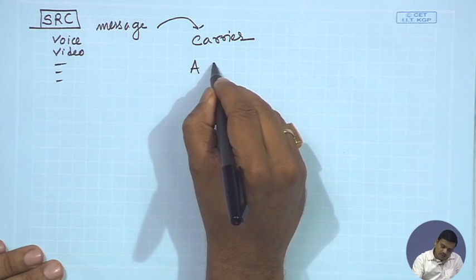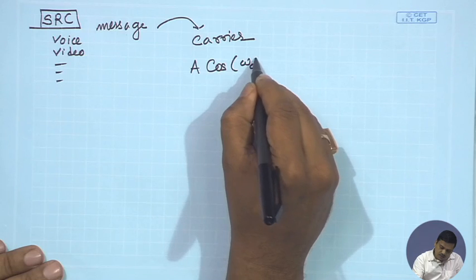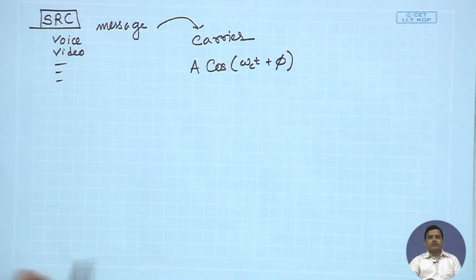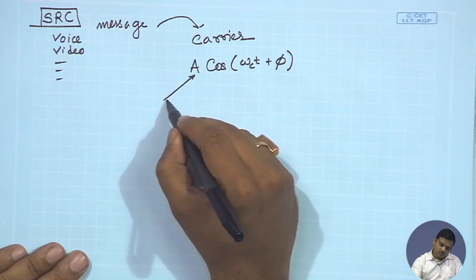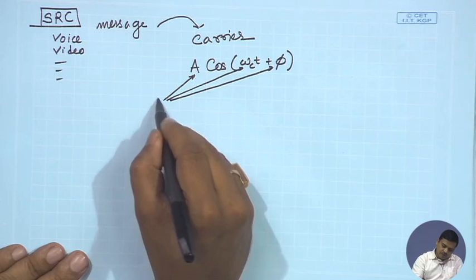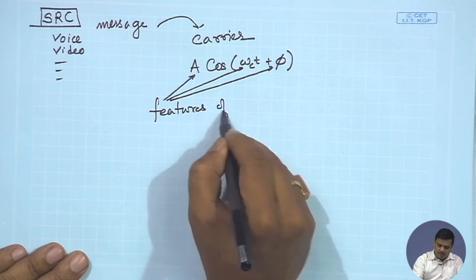In a sinusoid wave, you could write it as A cosine omega c t plus some phase. This is the typical expression which you are used to. This is the amplitude, this is the frequency, and this is the phase. We could say these are different features of the carrier.